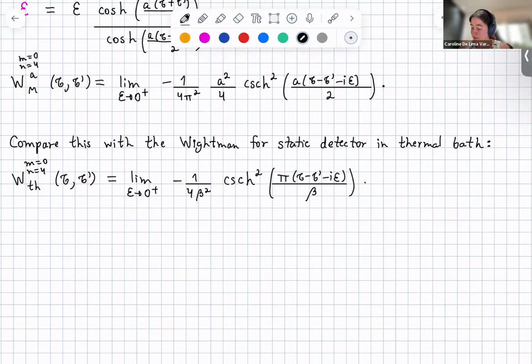So if you pay attention for one minute, you're going to see that if we make this beta equal to 2 pi over a, the two match. The two correlators match.